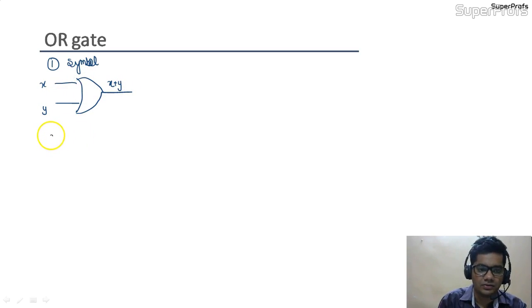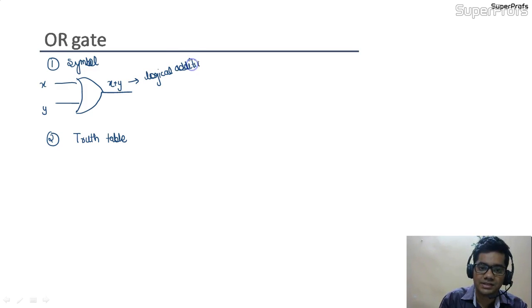Okay, now what would be its truth table? This X plus Y, students, is the logical addition. Okay, students, what do you mean by logical addition? That if the inputs are 1 1, the output is 1.